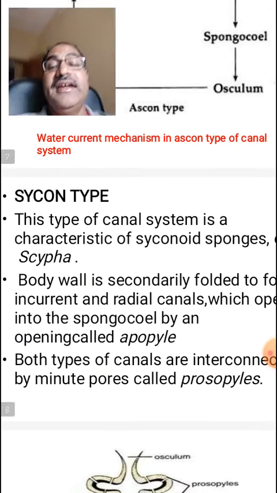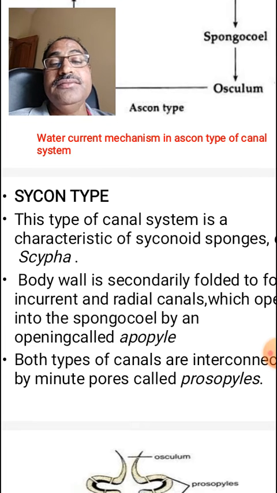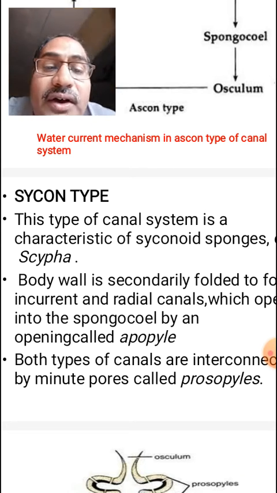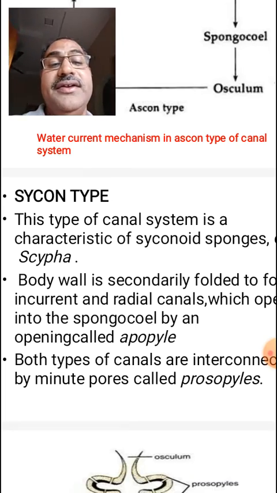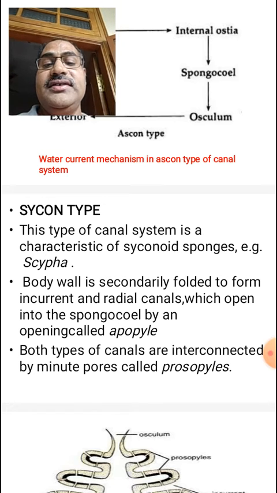So second type is the Sycon type of canal system. This type of canal system is characteristic of syconoid sponges. Best example is Scypha.